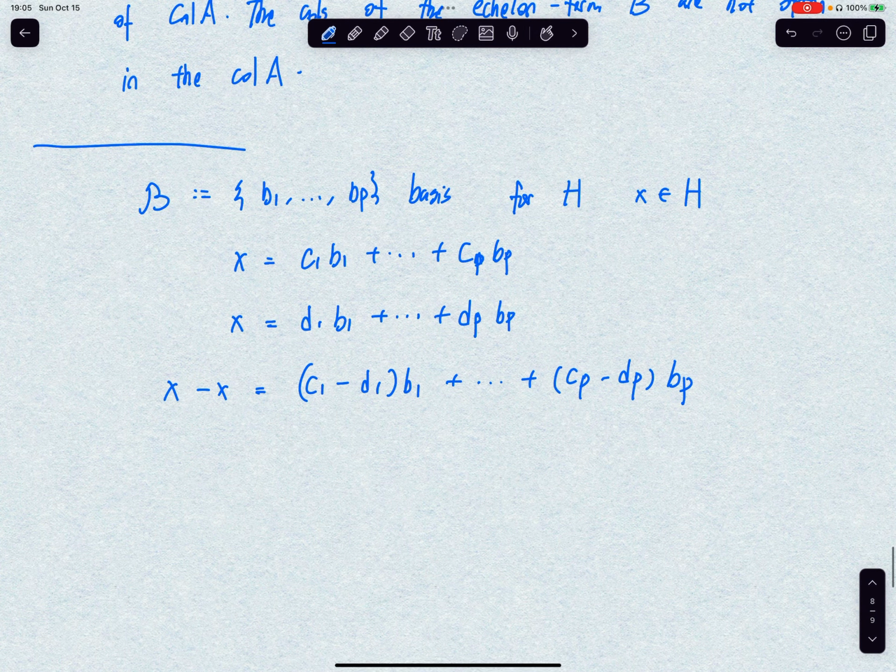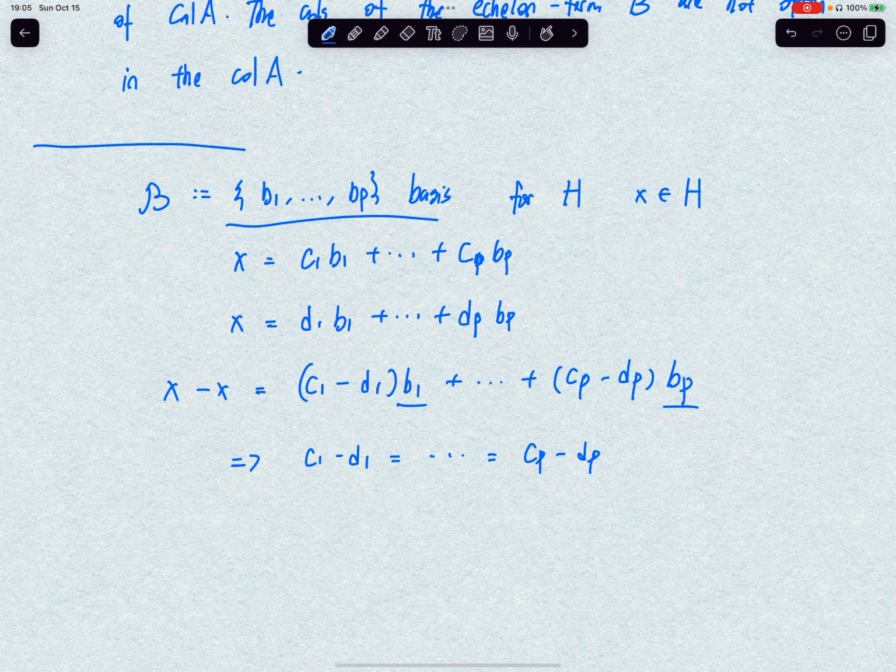Since it is a basis, all the elements are linearly independent. So that means c1 minus d1 equals all the way to cp minus dp equals 0, so the coefficients are mutually equal.